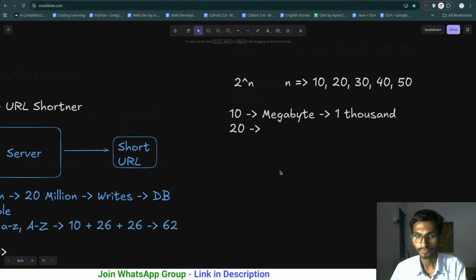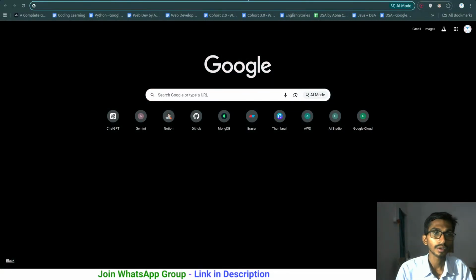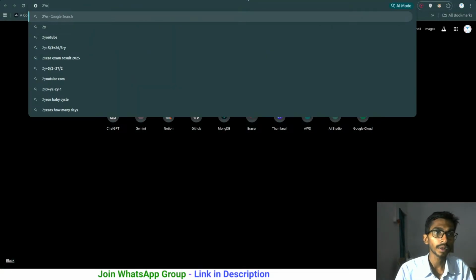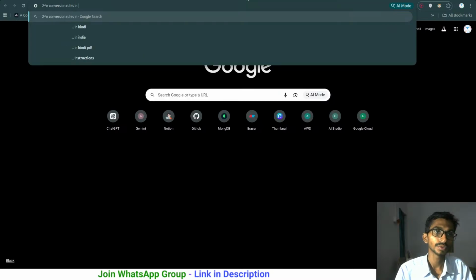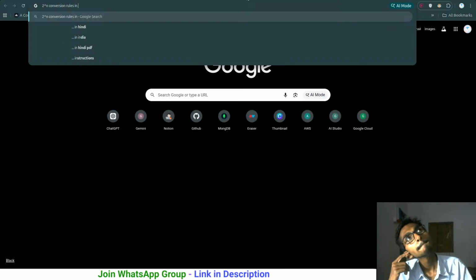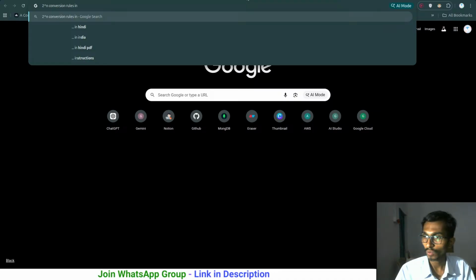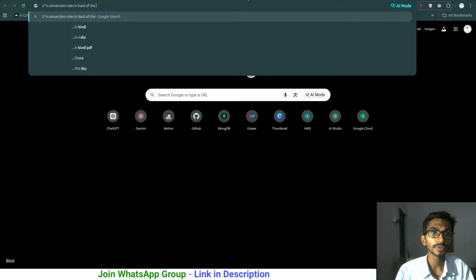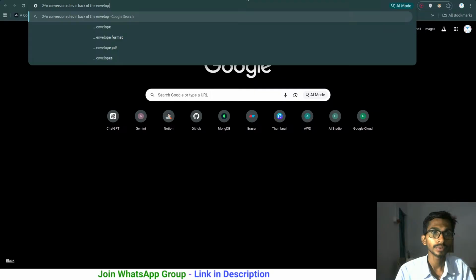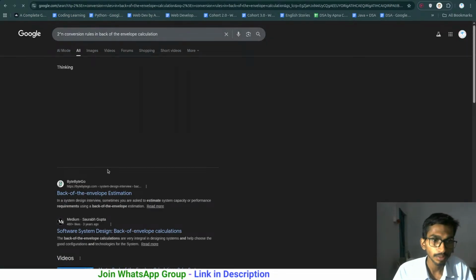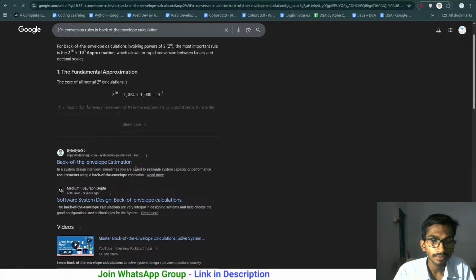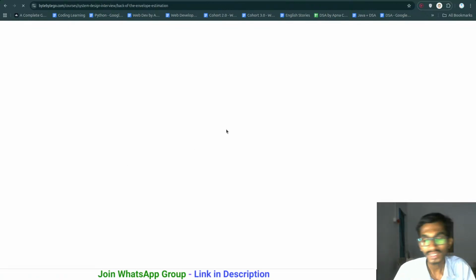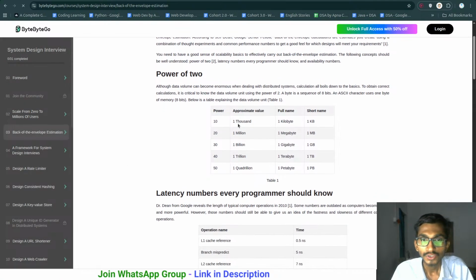Let me do one thing. Back of the envelope calculation. I should be able to see that somewhere. It's hard to remember them. Okay, never mind. So yeah, here we are.